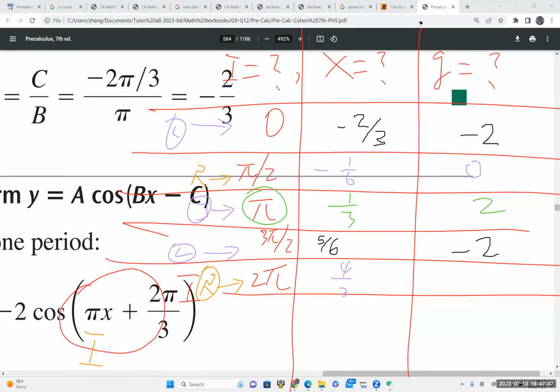Okay. Then how about here? I suppose here maybe not correct, right? Because we're at -2, then go to 0, then go to 2, then go back to 0, go back to -2. So I suppose here is 0. You say when here is 2 pi over 3, suppose this is 0, then multiply -2 is also 0, right?